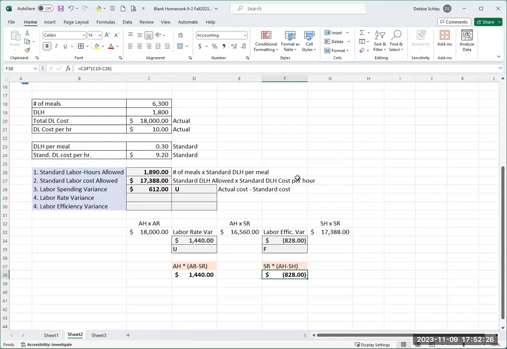And again, the standard hours allowed was 1,890, and they got it done in 1,800 hours. And so the labor efficiency variance is favorable because they got it done quicker than the standard.